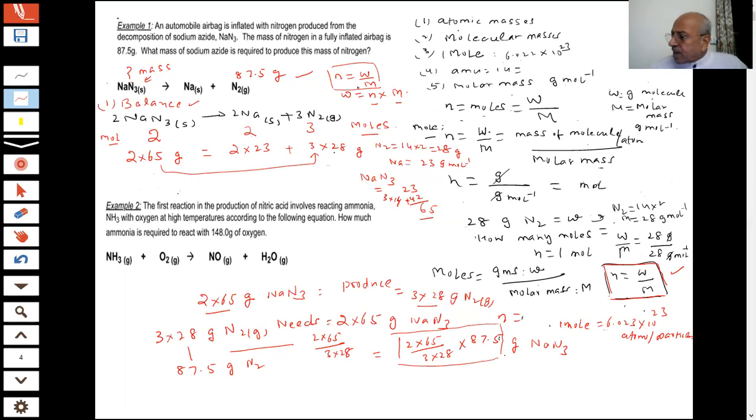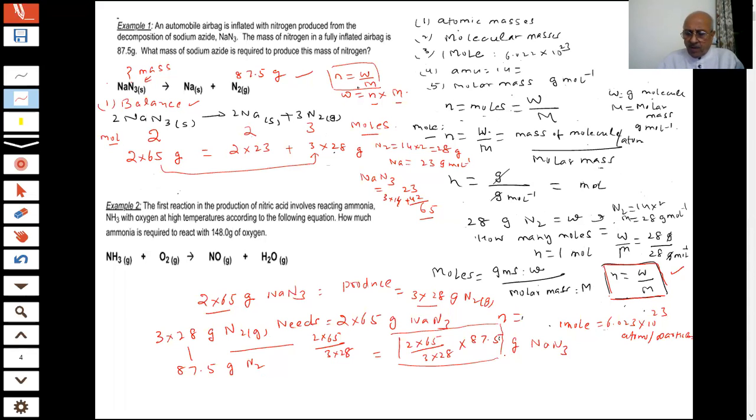By this method, students, what can we find out? That we can convert mass into moles and moles into mass. This is the first part of what we are doing. We learned to find the atomic mass, molecular mass, then moles, Avogadro's number, and the relationship between them.